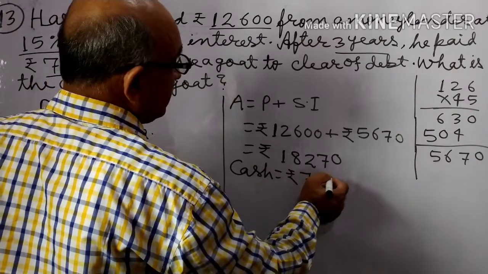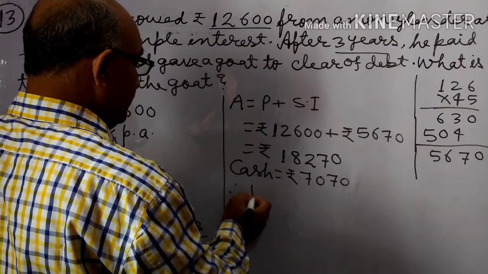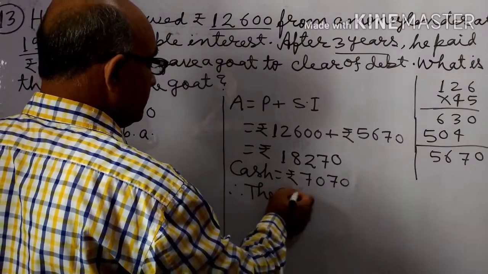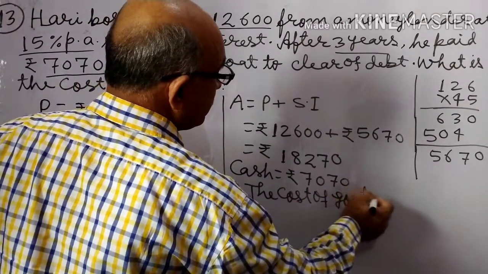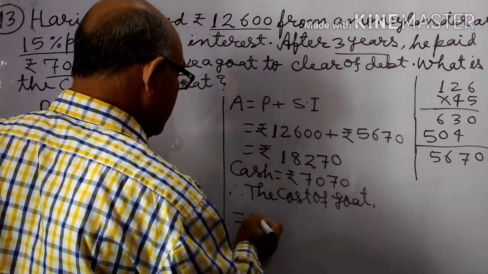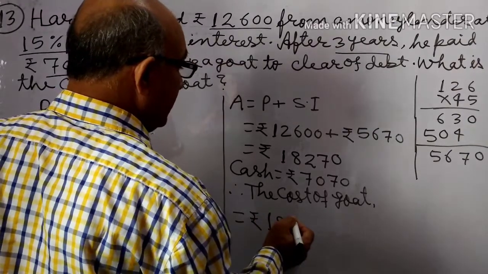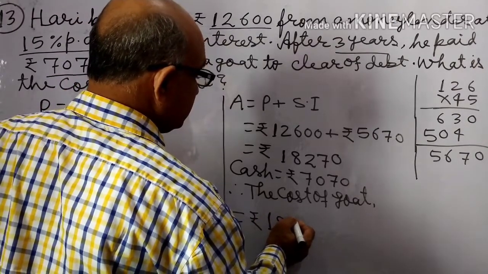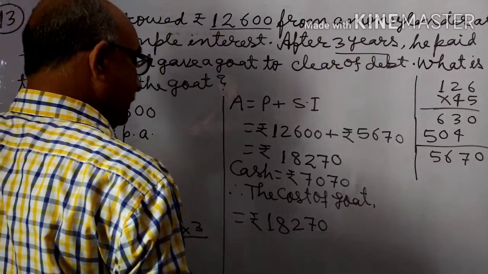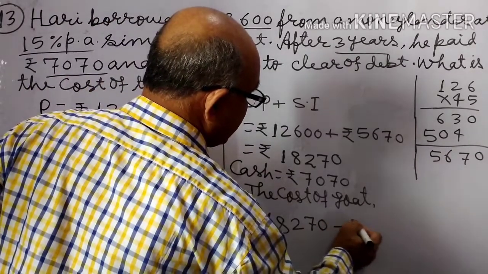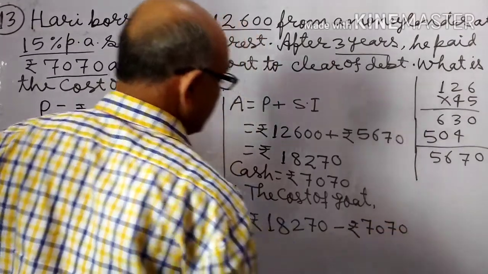Total amount 18,270, and cash paid rupees 7,070. Therefore, the cost of goods equals total amount 18,270 minus rupees 7,070.